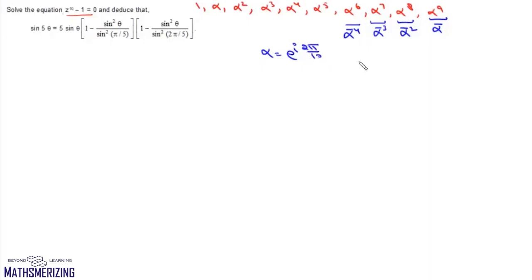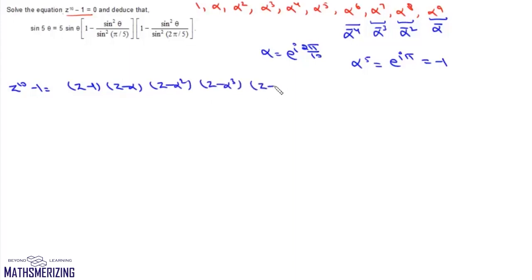Now alpha is e to the power i 2 pi by 10, then alpha to the power 5 will be e to the power iota pi, which is nothing but minus 1. So we can write this z to the power 10 minus 1 as (z minus 1)(z minus alpha)(z minus alpha square)(z minus alpha cube)(z minus alpha to the power 4), and (z minus alpha 5), which is z plus 1, and then (z minus alpha bar to the power 4)(z minus alpha bar cube)(z minus alpha bar square) into (z minus alpha bar).